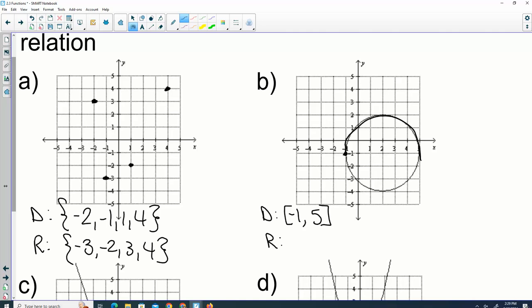So your range here, that is your smallest y value. What's the smallest y value we ever hit? -4. It's like starting at the bottom. And then we hit everything until we get to what point? 2. So remember, this is our interval saying everything between -4 and 2.